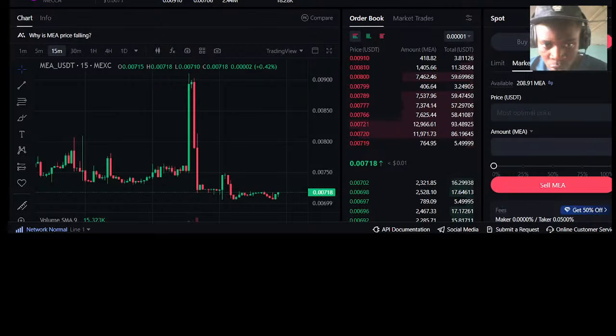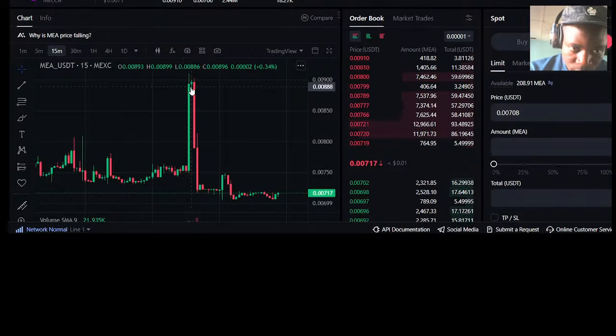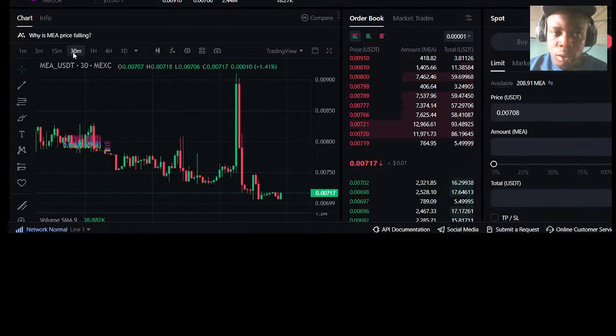We are on 208 MEA right now. Just look at this. You can set your limits around that area, if you will not be online. But if you are looking to scalp with MEA, you can stay online. You just have to study the charts and be patient. Be cautious of the time you make an order.